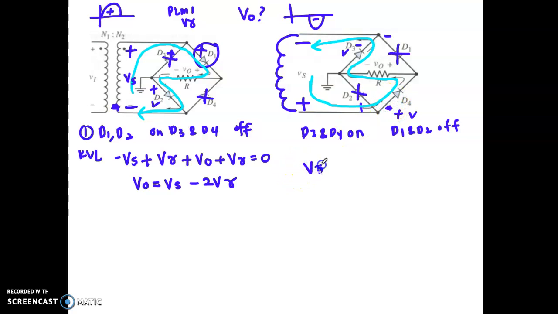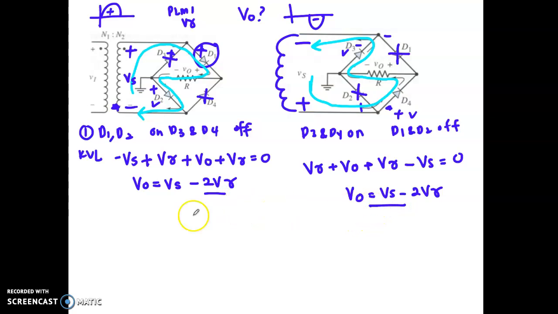Your D4 is V gamma, then the voltage drop V out, and another V gamma at your D3, and then towards your VS, equal to 0. Then you get V out equals VS minus 2V gamma. Okay, so both equations are the same at the positive and at the negative cycle.